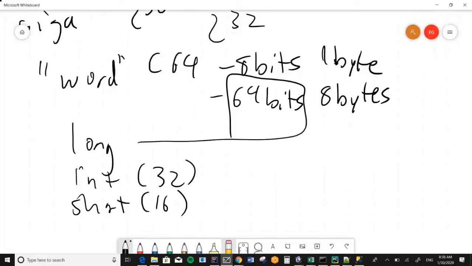In fact, the only reason you ever use an int is that when Java was developed in the 90s, 32 bits was the most common word size, and 16-bit machines were still out there. And so because 32 bits was the most common word size, the whole API for the language was set up in terms of ints, right?